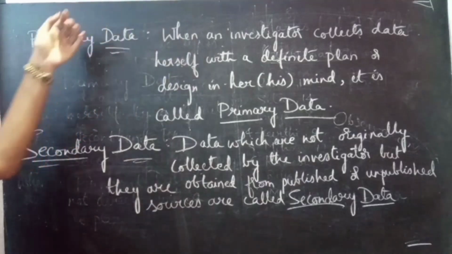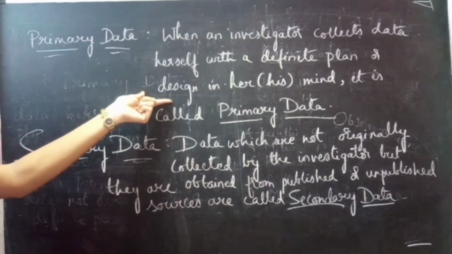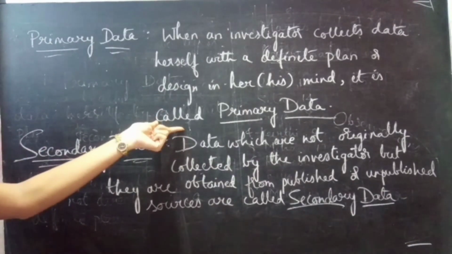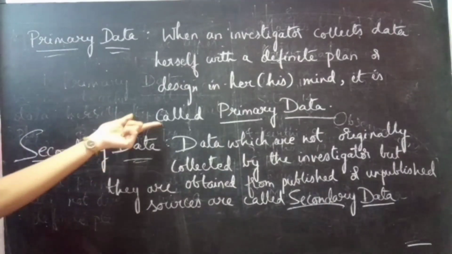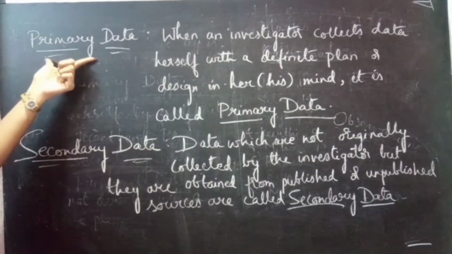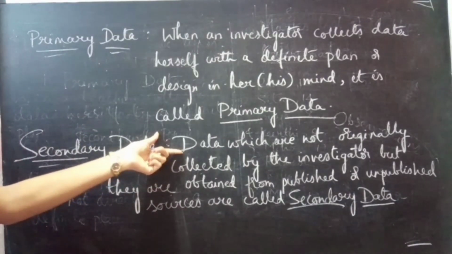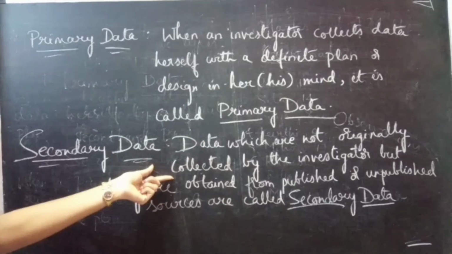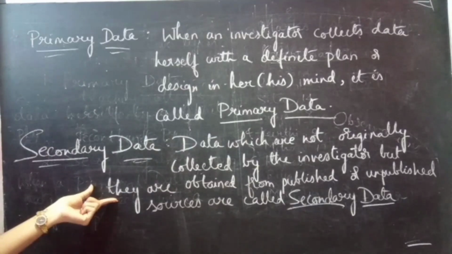Now coming to the actual definition of primary data. When an investigator collects data herself with a definite plan or design in her mind, it is called primary data. For example, a surveyor or a teacher who collects data directly by observation. Secondary data: data which are not originally collected by the investigator but are obtained from published or unpublished sources are called secondary data.